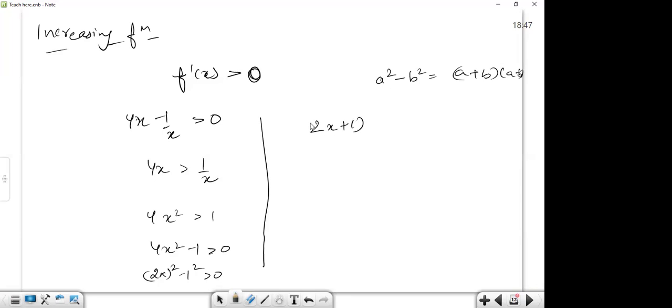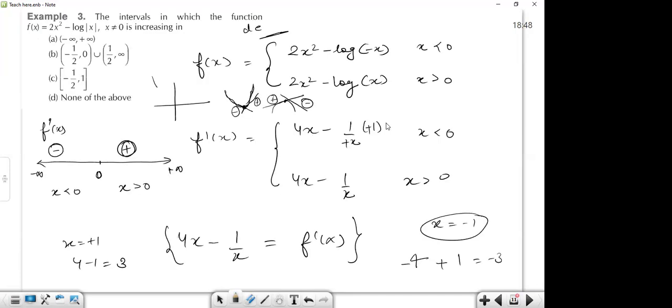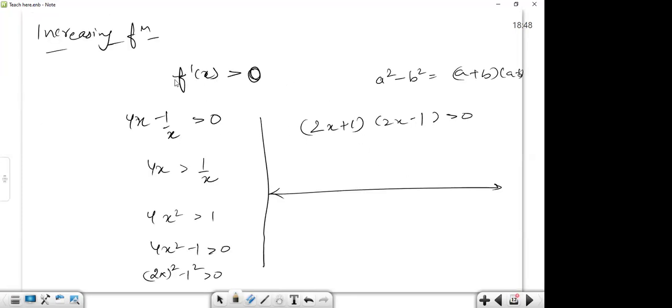So 2x plus 1 into 2x minus 1 greater than 0. So for this, the function will be increasing. Otherwise, earlier we only knew that the function is changing at this particular critical point. We were not sure about the points from minus infinity to 0. So that's why we are checking this particular condition also.